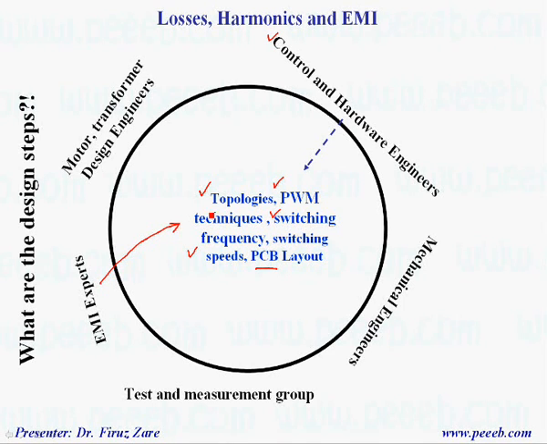Then we can change the PWM technique, the switching speed, or the switching frequency, and also work on the layout. At this stage, the rest of the engineers, especially mechanical engineers and the EMI expert, can see if there is a thermal problem or EMI problem, and we can work at this stage to improve the system.